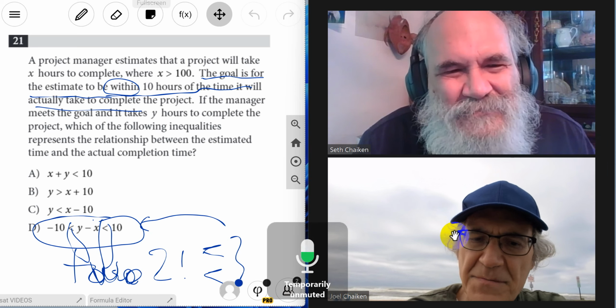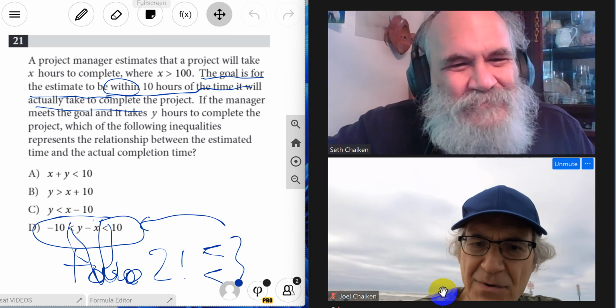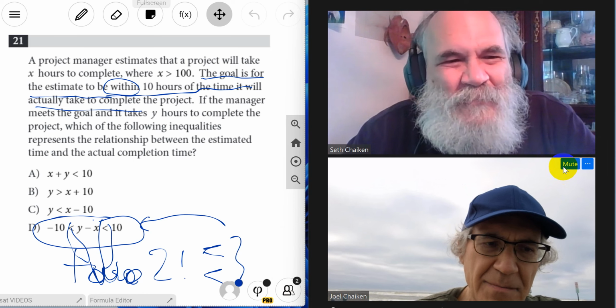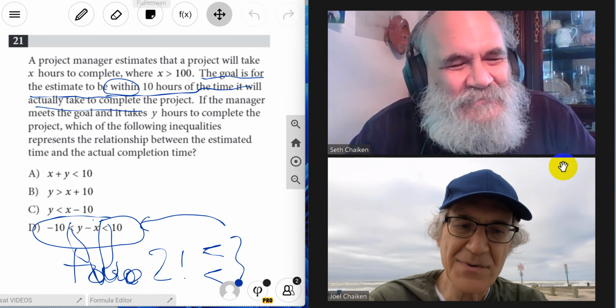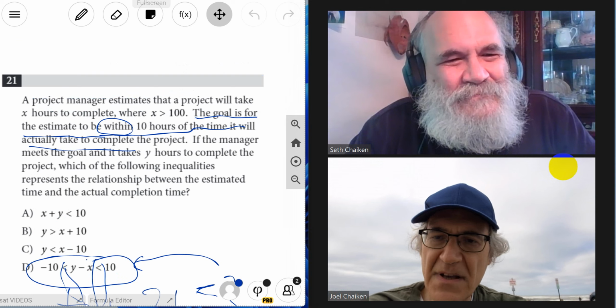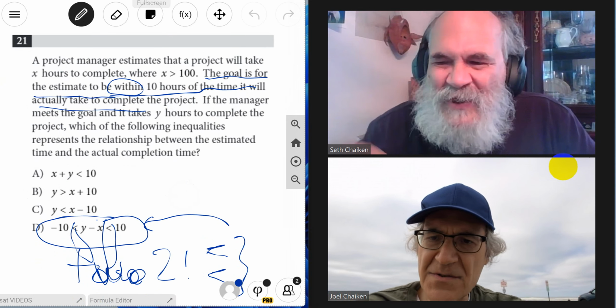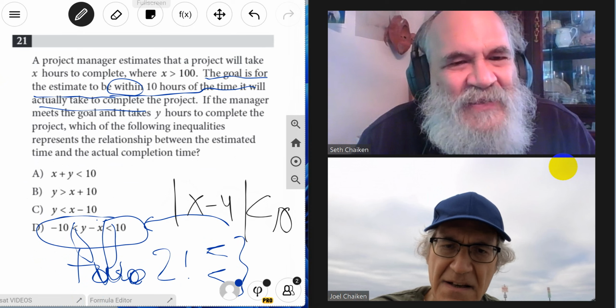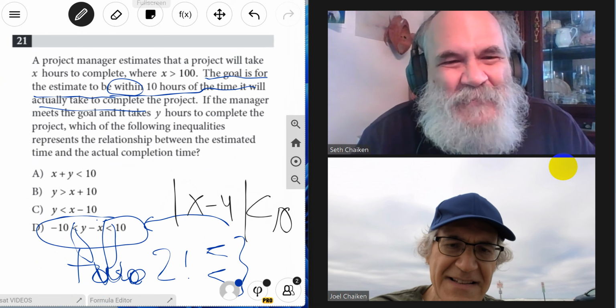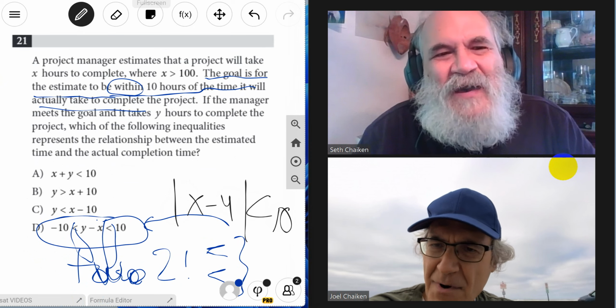Most people, a lot of times when you see this question in school, it has to do with the absolute value. They could have written it that way. X minus Y, less than 10. Is it X minus Y or Y minus X?